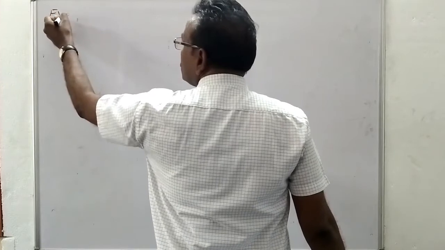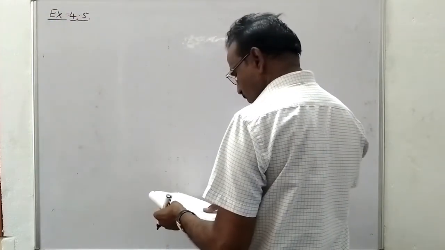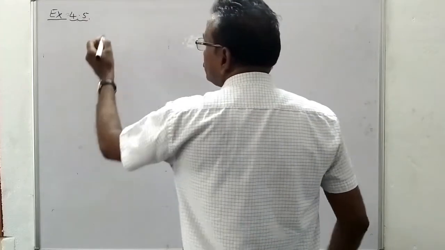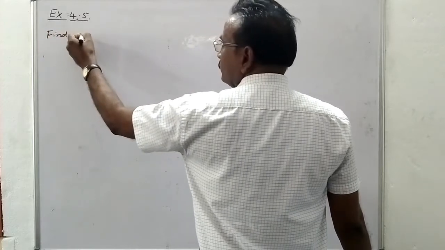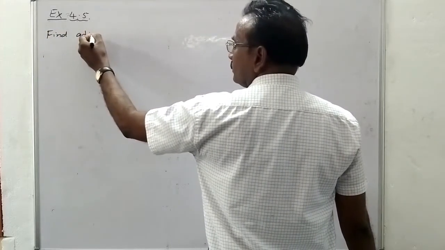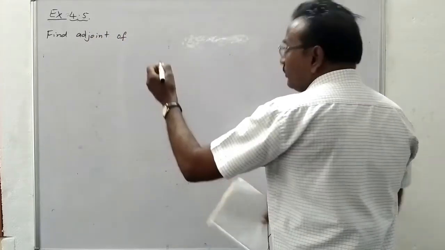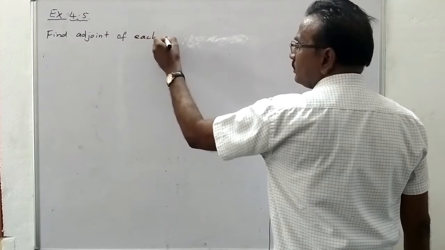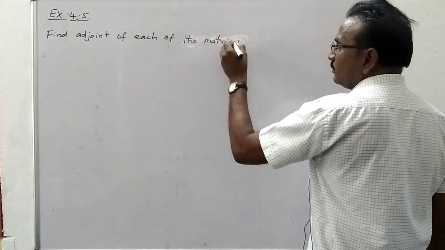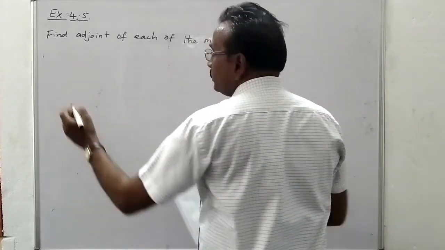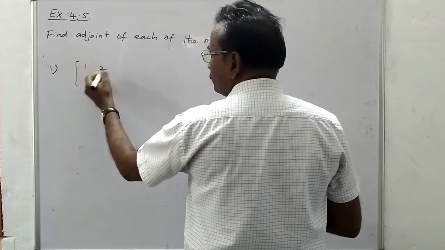Exercise 4.5. Find the adjoint of each of the matrices. Question number 1: 1 2, 3 4.